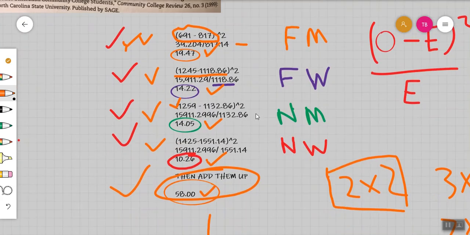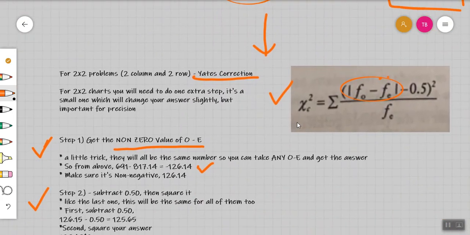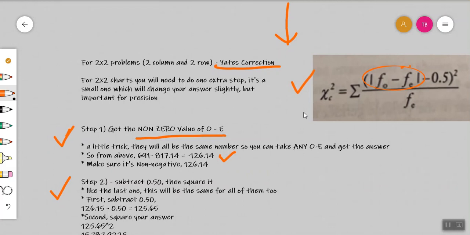So the reason I say this is that for this first step, you could do any of them, any observed minus expected, and you're going to get the same non-negative value. For instance, that first one, 691 minus 817.14 equals negative 126.14. So you just want to make that a positive number. So you just calculate this once. That's the first one you need.